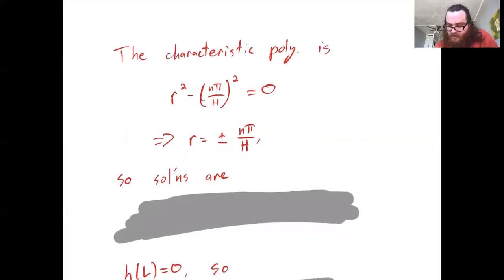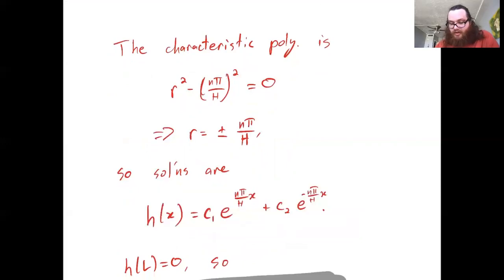Okay. So then in general, the solutions are going to be a linear combination of the piece where r is positive, right here, together with the piece where r is negative, right there. Okay.